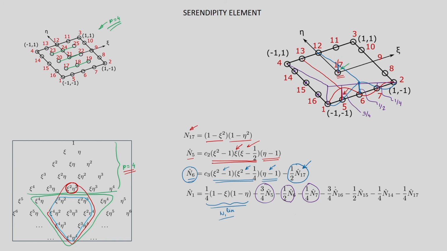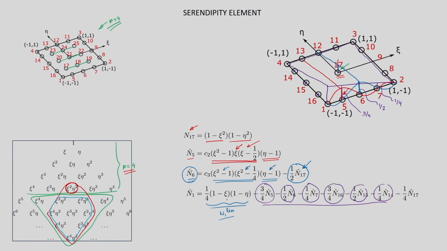So, we will proportionally subtract N16, N15 and N14, but that is not all, because N1, since it varies linearly, is 0 only along the borders xi equal to 1 and eta equal to 1. So, it is non-zero at node 17, and all other shape functions are 0 at node 17, which has been ensured.